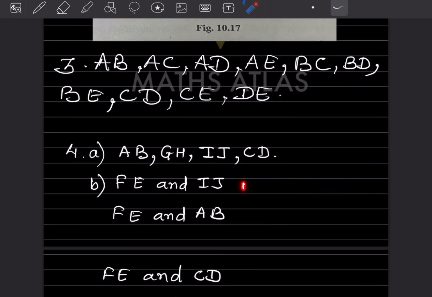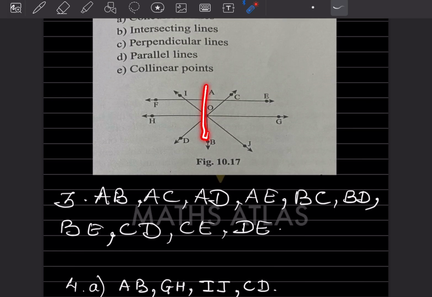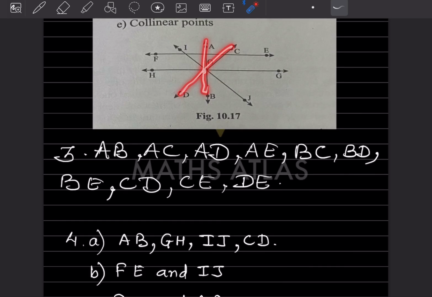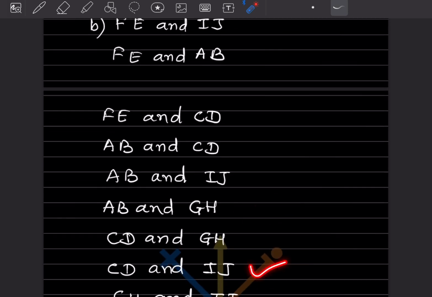So here you can see FE and IG, FE and AB, FE and CD, then AB and CD. AB and CD are meeting at this point. Now AB and IG, you can just have a look at the figure. AB and GH, CD and GH, CD and IG, GH and IJ.